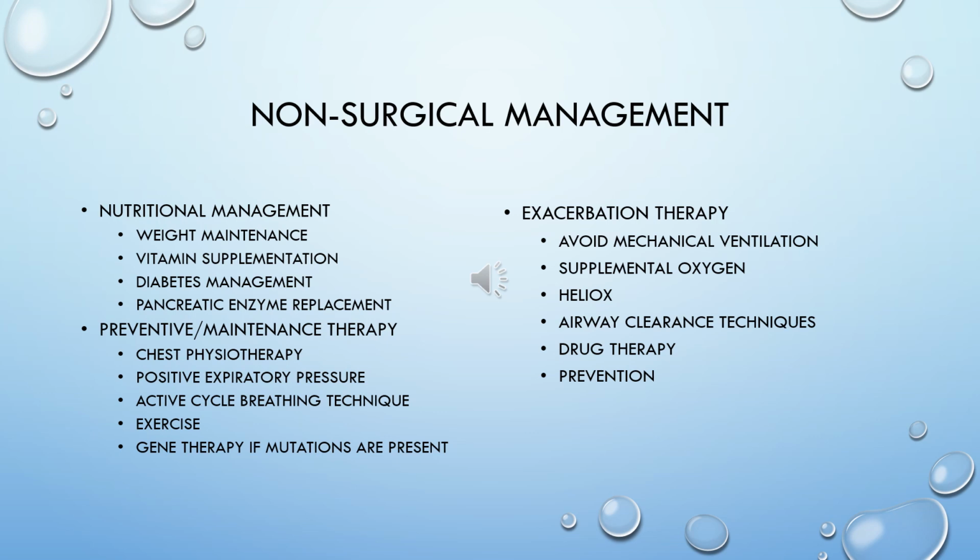Once the patient has an exacerbation, some of the main things you want to do is you may have to supplement them with oxygen. You may even have to do heliox therapy, which is using a 50% oxygen, 50% helium mixture to help improve that gas exchange and increase the oxygen saturation. They will do some airway clearance techniques.